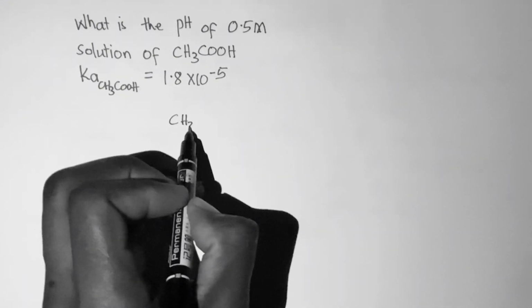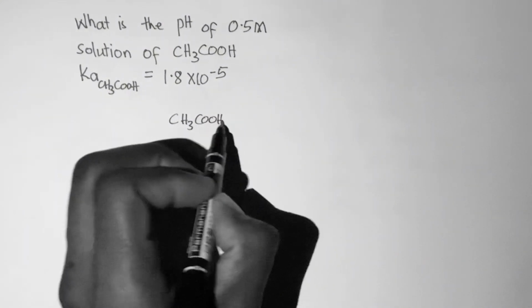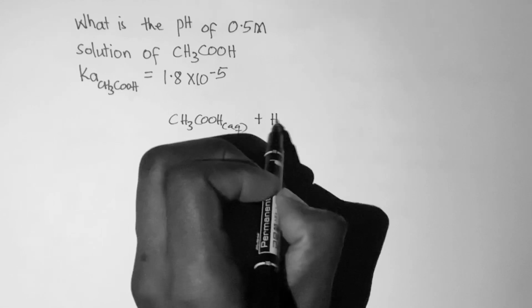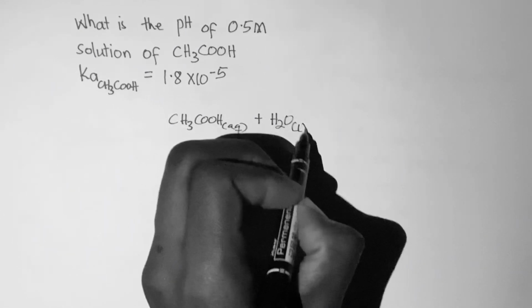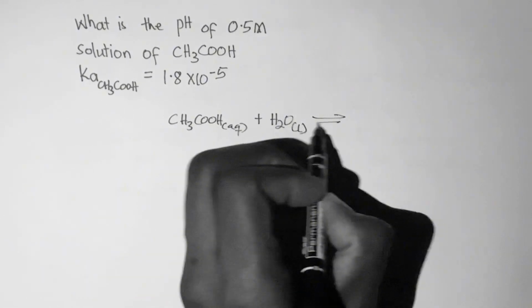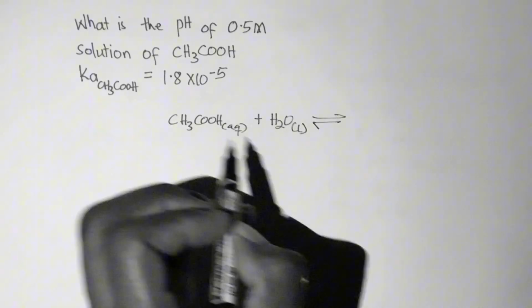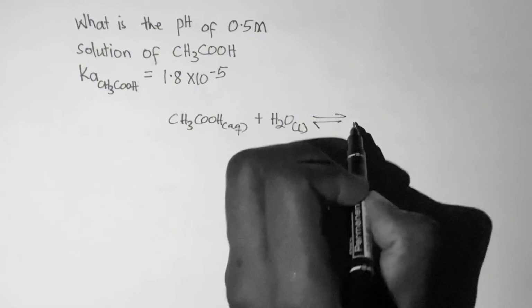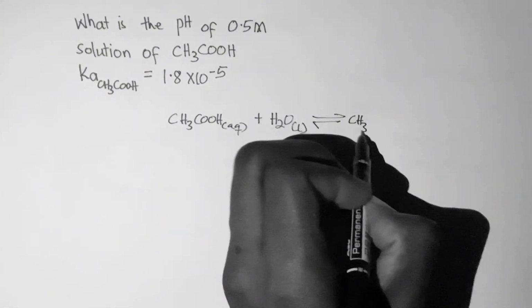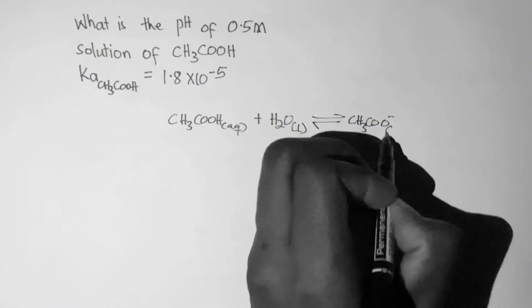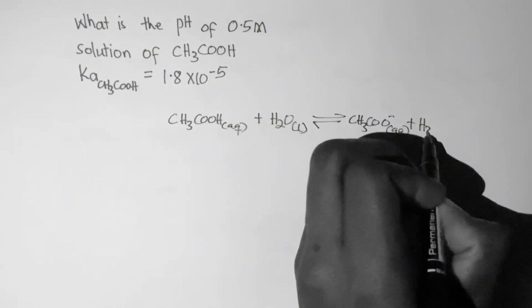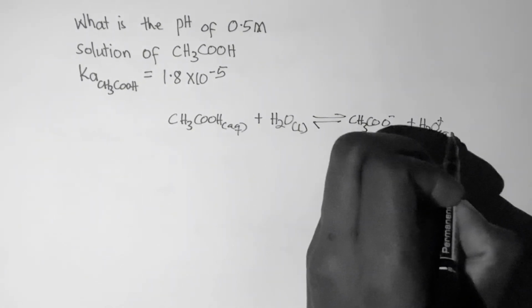So aqueous ethanoic acid, when we add it to water, H2O, which is a liquid, it would undergo a reversible reaction because ethanoic acid is a weak acid to give us the ethanoate anion and then plus hydronium ions, H3O+ in aqueous solution.